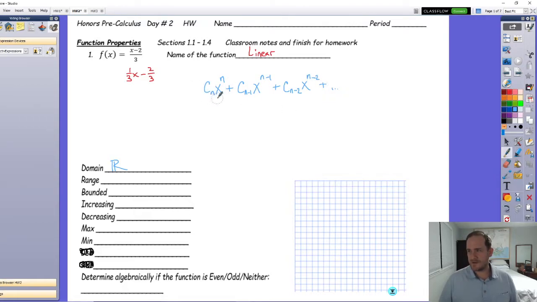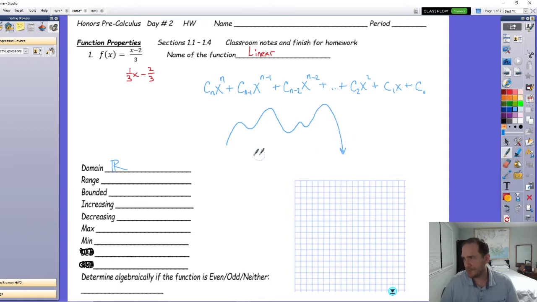It's just these expressions that have powers of x, starting at some value, going down by one, until finally you're all the way down at c2 of x squared, c1 of x, and finally some initial constant. But that's a polynomial. As long as the powers are integer values, as long as the coefficients are anything real, that's a polynomial. And it's always just that roller coaster shape where you've got these ups and downs.